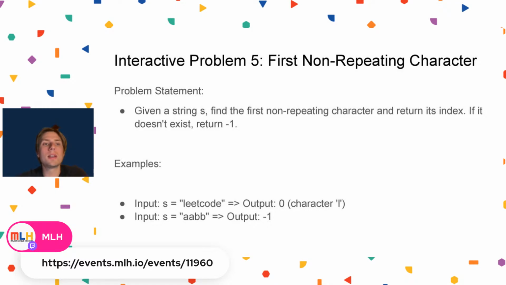And then the next example here is AABB. For that one, the output is -1. So in that case, we're just saying that there is no non-repeating character. A is repeating and B is repeating, so we return -1.